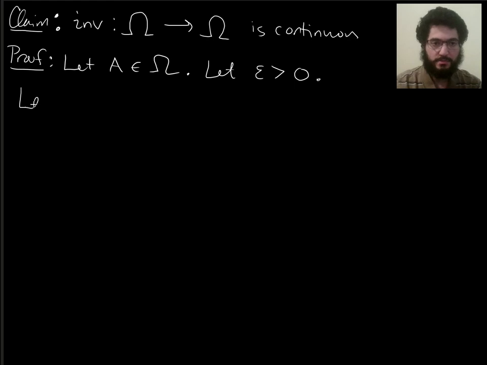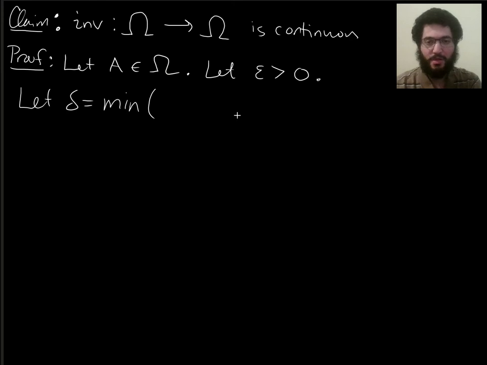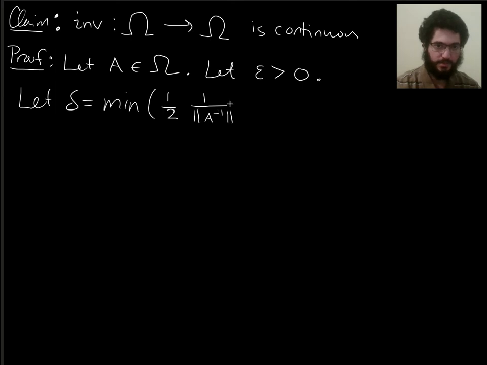So let delta equal, and sometimes I say let me figure it out later, but I'm just going to tell you what it is. And I'll explain as we go along how I came up with it. I've got some notes here, and I'm copying down what delta is. It's the minimum of these two numbers. One of them is 1/2 times 1 over the norm of this linear map A inverse.